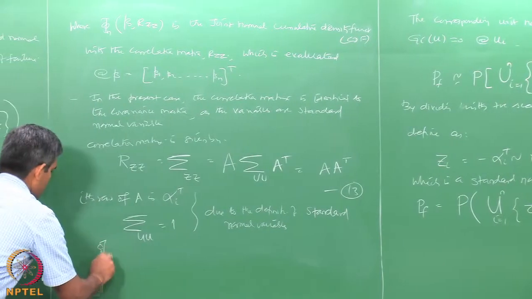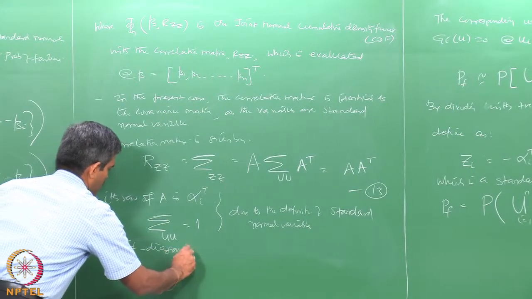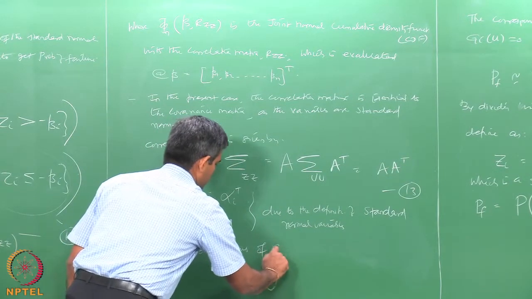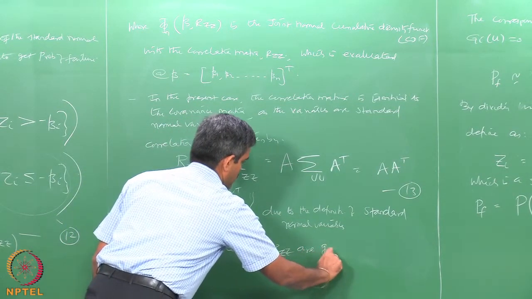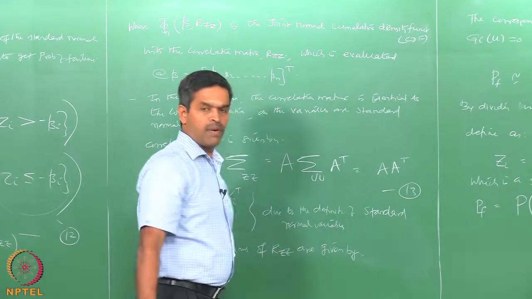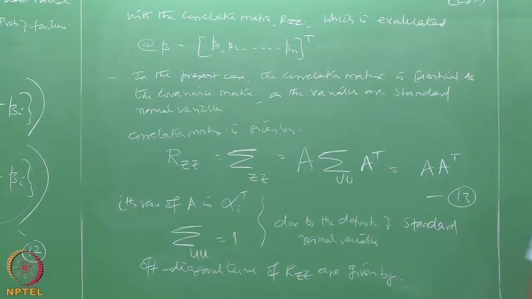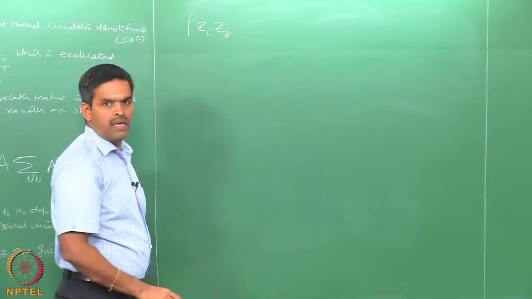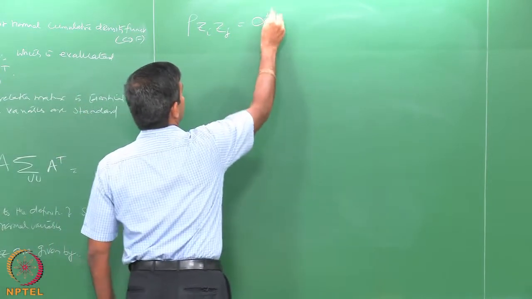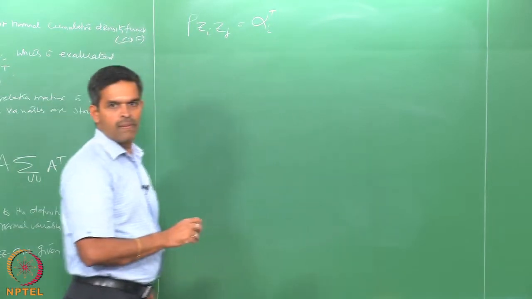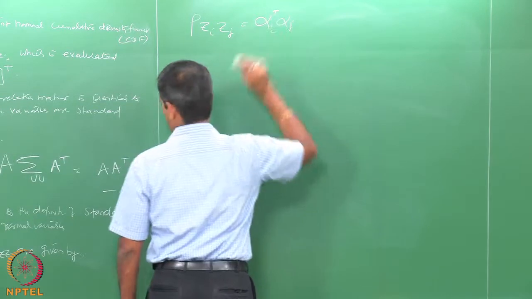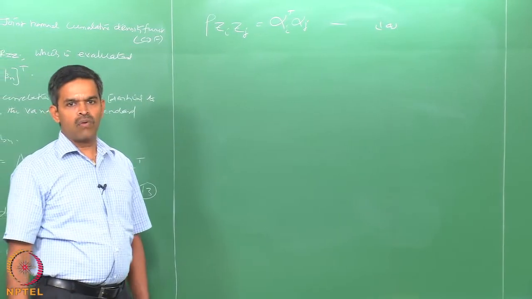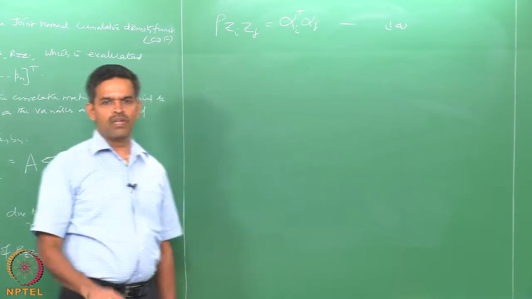The off diagonal terms of R ZZ are given by Z i Z j is alpha i transpose alpha j, equation number 14, which quantifies the correlation between the failure modes i and j.